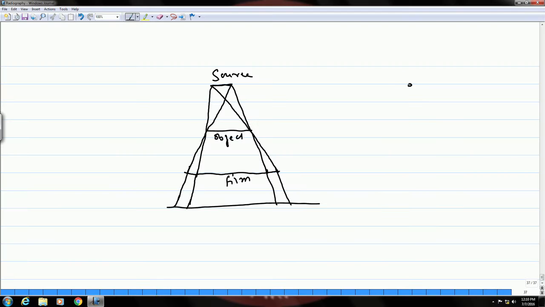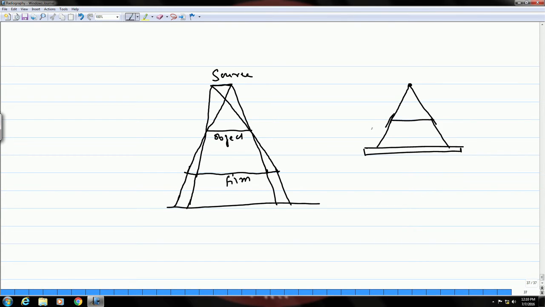But on the other hand, if you have a point source, then in this case there is no question of any unsharpness.